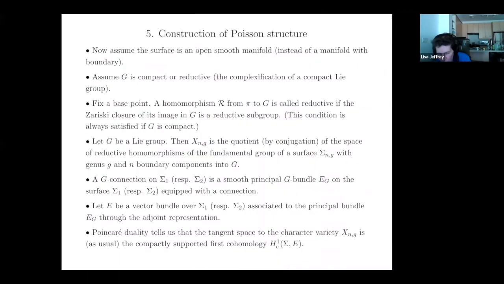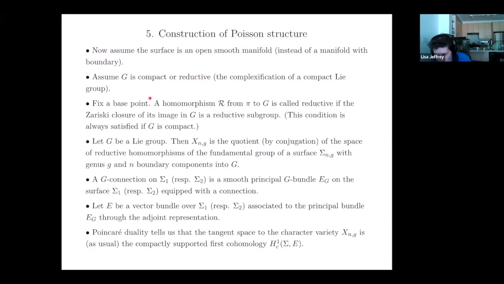So now let us assume that the surface is an open, smooth manifold instead of a manifold with boundary. So I'm deviating from my assumption that things were compact. And let's assume that either G is a compact group or it's a reductive group, the complexification of a compact Lie group.